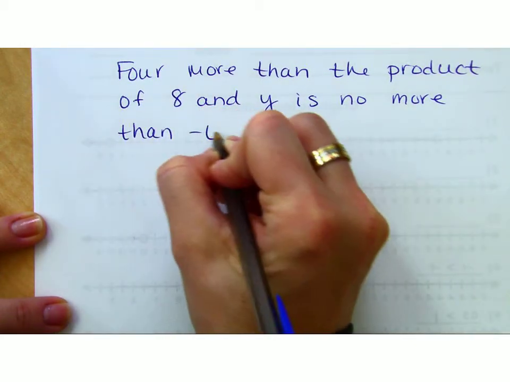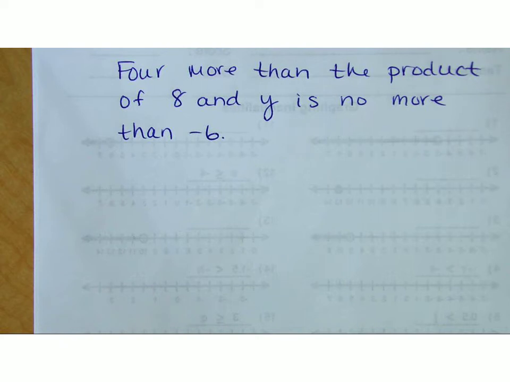Okay, so let me give you a minute to get that written. But remember, this is where we're taking the verbal sentence, turning it into a problem with an inequality sign. We're solving that inequality, and then we're graphing it.